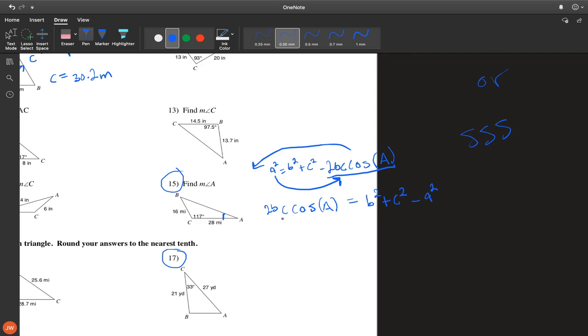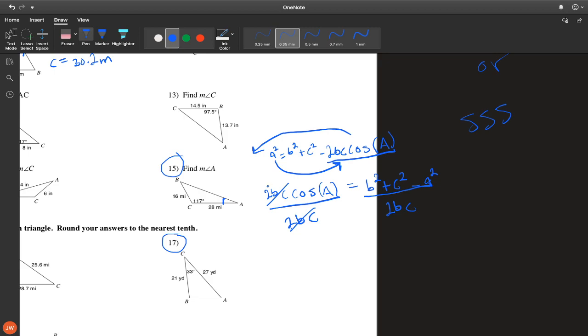Now the last part is you want cosine A, you don't want this 2bc, so we're going to divide by 2bc on both sides. So what are we left with?